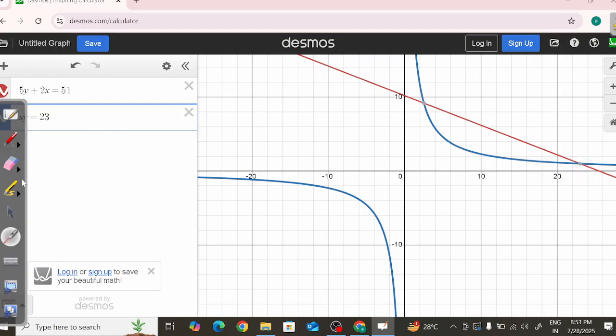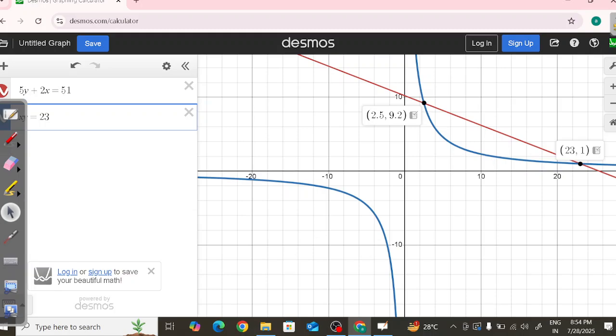When you click on an intersection point, you will find 23 comma 1, that means x is 23, y is 1, and the other point is 2.5 and 9.2. Now which value to choose? Remember, A and B are integers, so I'll choose the integer values, but C and D were not integers, right? So for C and D, I'm going to choose 2.5 and 9.2.